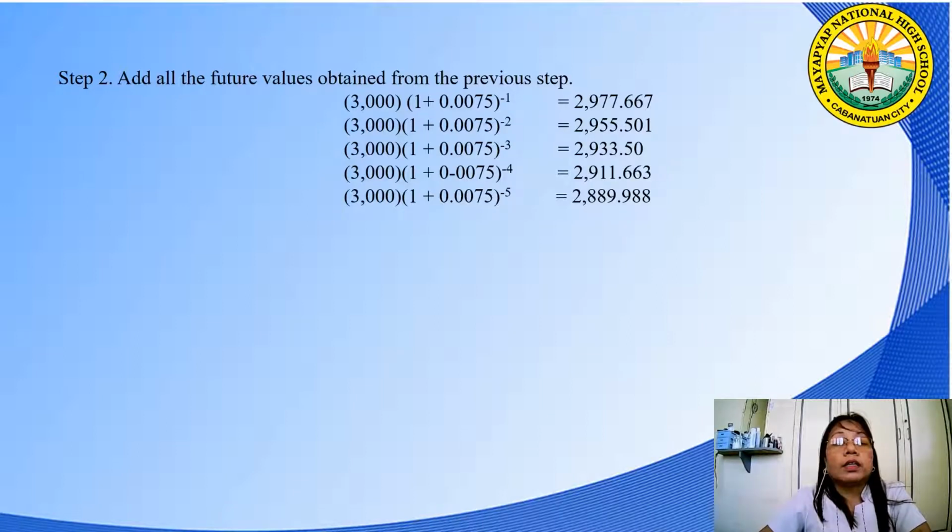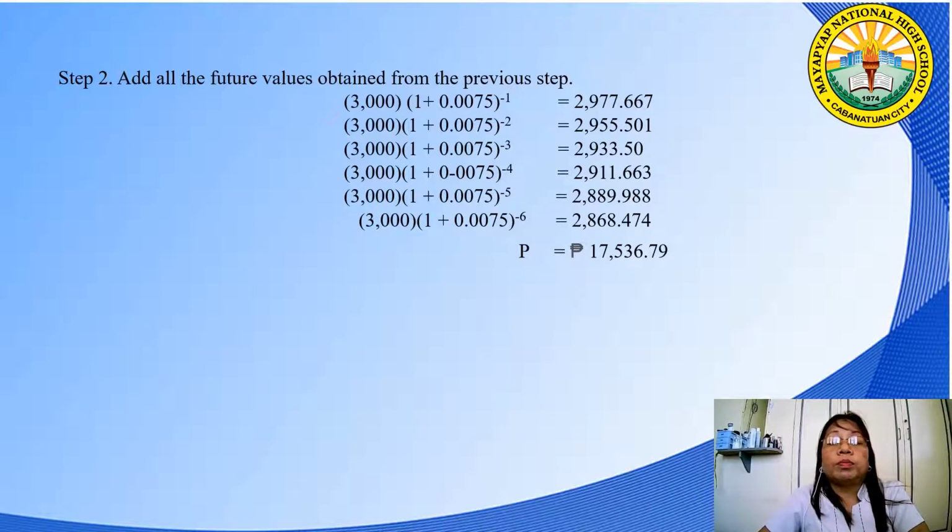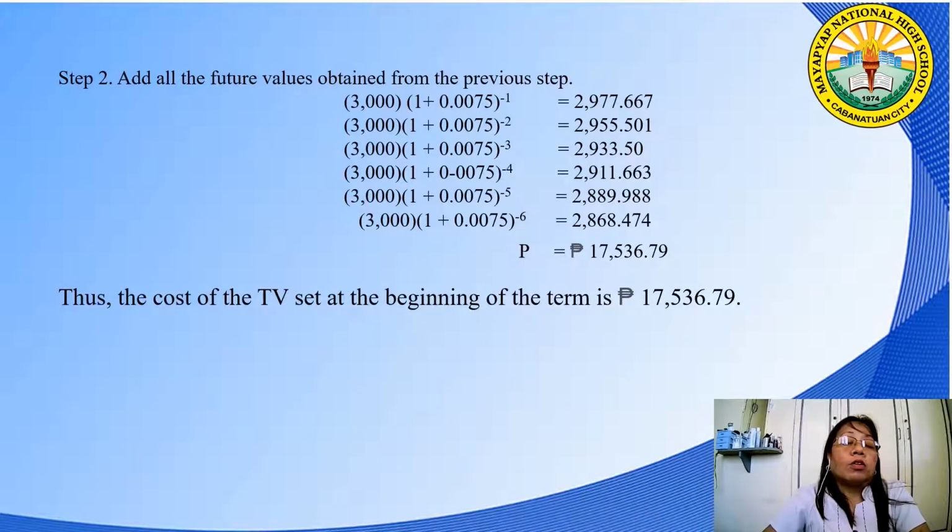Total: when you get the sum of all the values obtained, the present value is equal to 17,536.79. Thus, the cost of the TV set at the beginning of the term is 17,536.79.